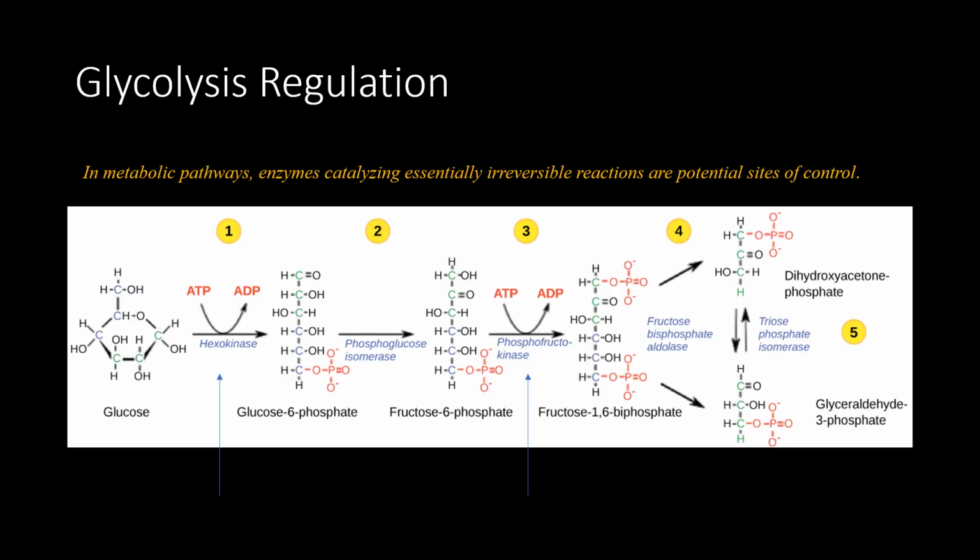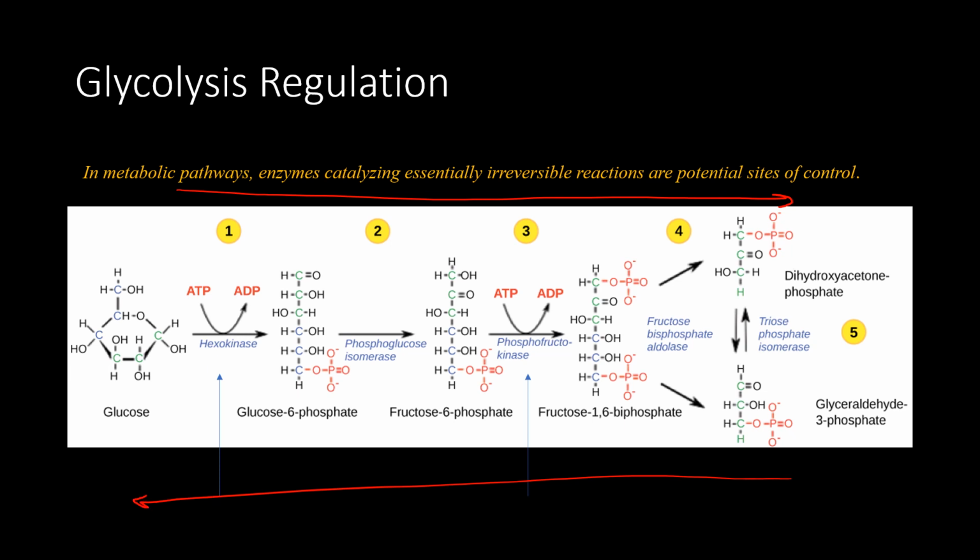Now for these next three slides, I'm going to end up removing these from the final version of this PowerPoint. I think that at this point in the game, understanding the regulation of glycolysis is a little too much. So I'm just going to tell you simply that in any metabolic pathway, of which glycolysis is a good example, there are ways in which the pathways can go forward and sometimes backwards.